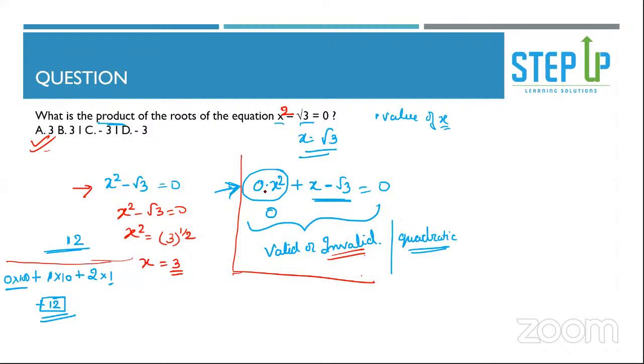If there is no root in the 3, then x square minus 3 equal to 0, and x is equal to plus minus root 3 in that case. What you are saying, right, Dipesh? Plus minus root 3. All right, the answer for this one is 3.